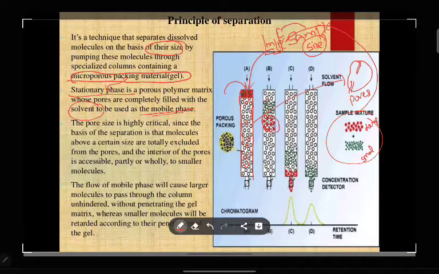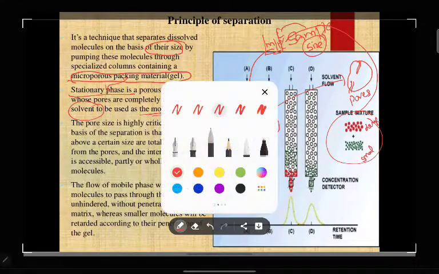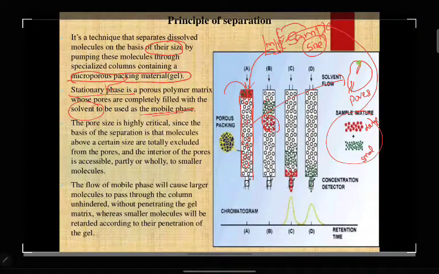Now, listen. Here, if you are observing this column, small size particles are there, no? I mean green color particles. So, these small size particles are going to pass through the pores. I mean they are going to diffuse or transfuse through the pores. Though they are transfusing through the pores, it will take a long time for elution. Which particle?